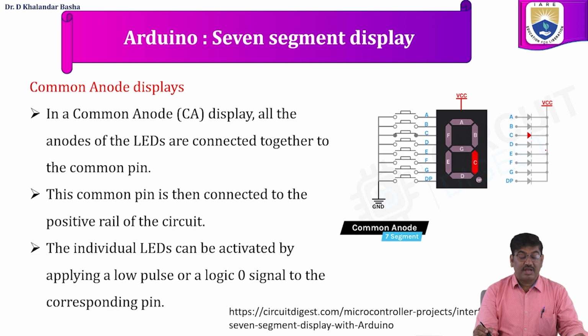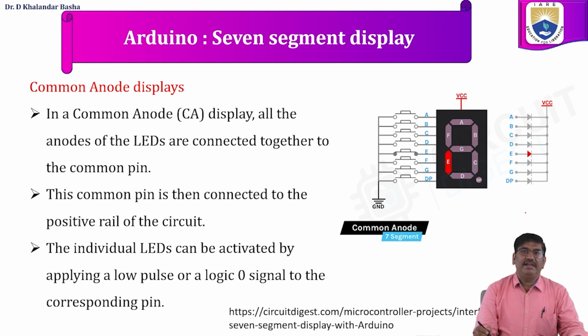Next one is common anode displays. In the common anode display, all the anode elements of the LEDs are connected together to the common pin. The common pin is then connected to the positive rail of the circuit.